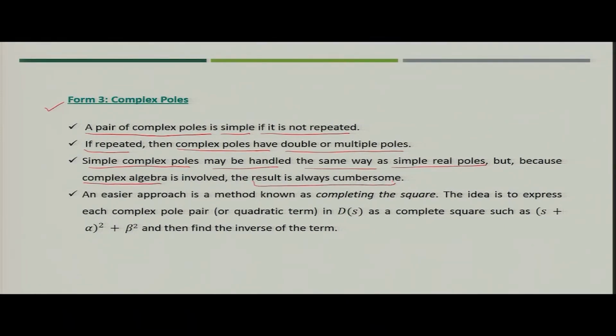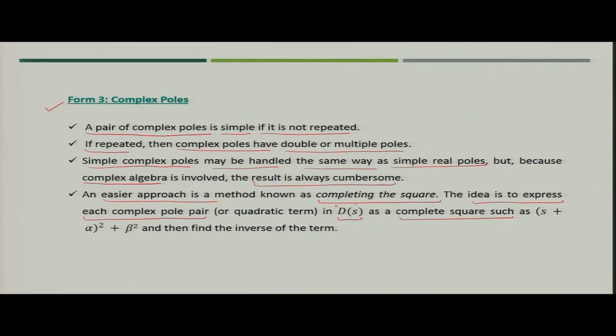So, we will use an alternative approach to find the inverse Laplace transform in case we have complex poles. The approach is known as completing the square. What does it mean? The idea is to express each complex pole pair in the denominator as a complete square, such as (s plus alpha) square plus beta square.